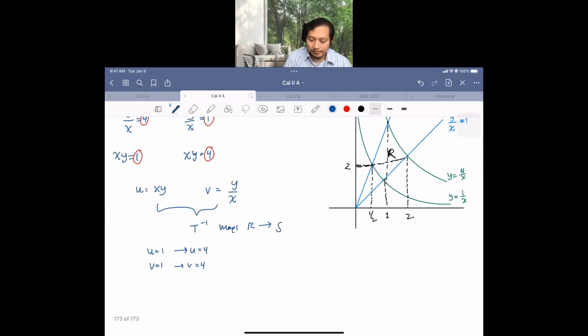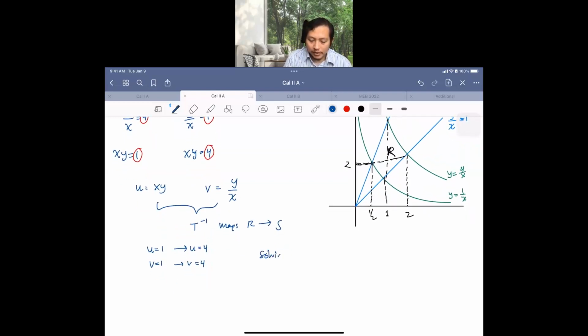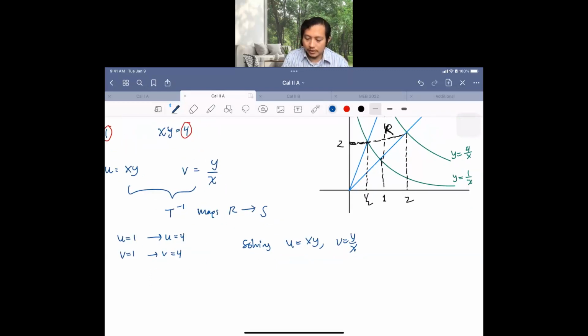And if we solve u equal xy and v equal y over x in terms of x and y, let's say we take substitutions here, that y is xv. So u will be x squared v, so x squared is u over v, or x is square root of u over v.